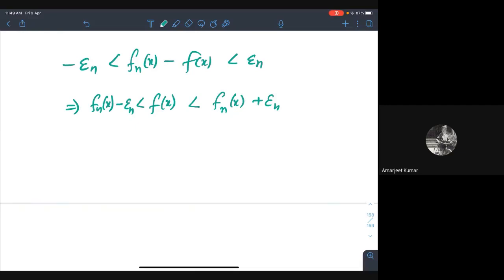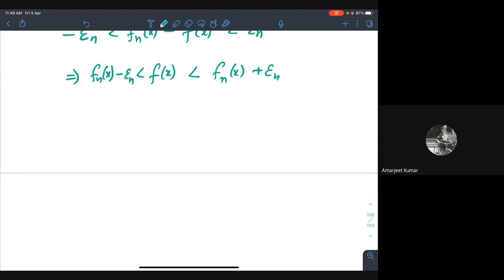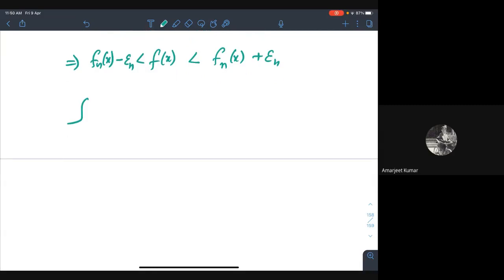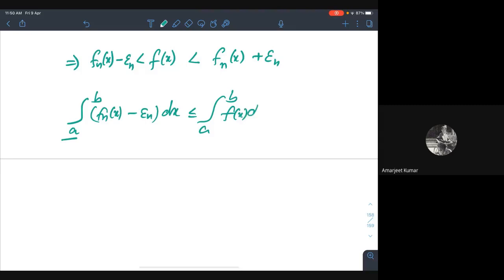Now we take integration. Not just integration, you look at the upper sum and then go to the upper integral. And it is monotonic, so we have upper and lower both. So here we go: the lower integral of f_n(x) minus epsilon_n dx is less than or equal to the lower integral from a to b of f(x) dx.